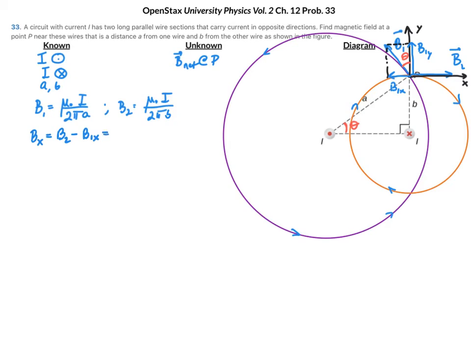So this will become B2 minus B1 sine theta. Then in the y direction, we have By, which is just B1y, and that will be B1 cosine theta.